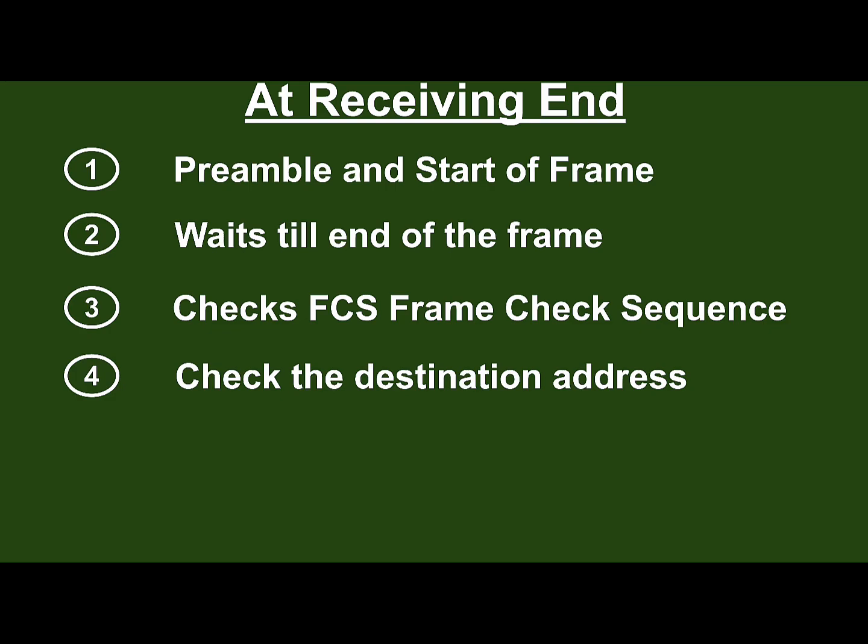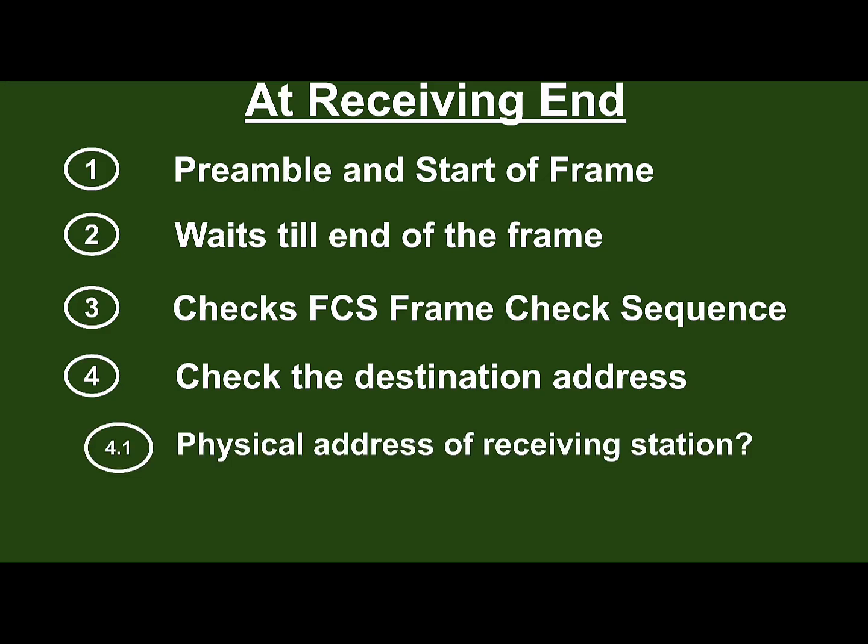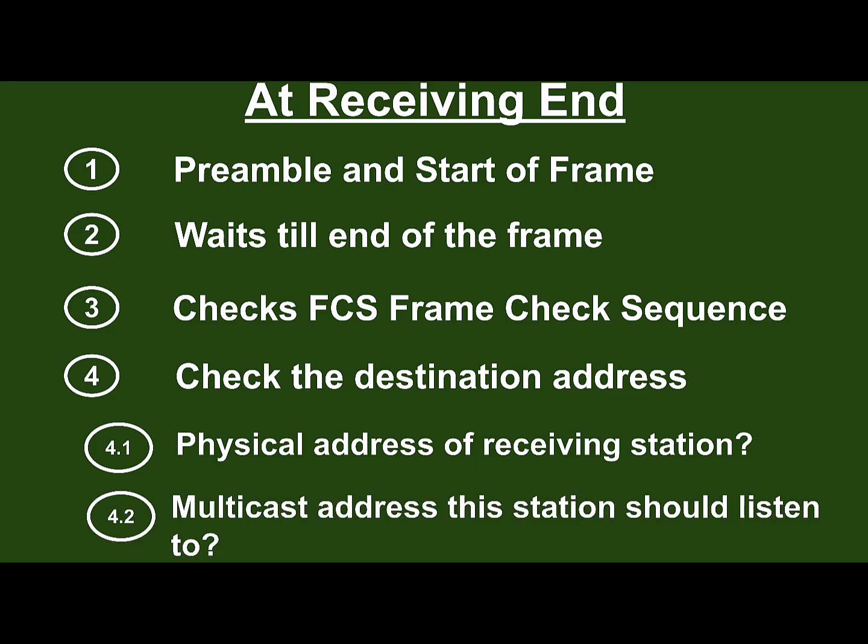But let's assume that the FCS was fine, the frame check sequence was fine, the CRC was fine. What it does next is check the destination address. And the destination address can be of two kinds, right? One could be the physical address of the receiving station, that's my receiving station, or it can also be a multicast address this station should listen to.